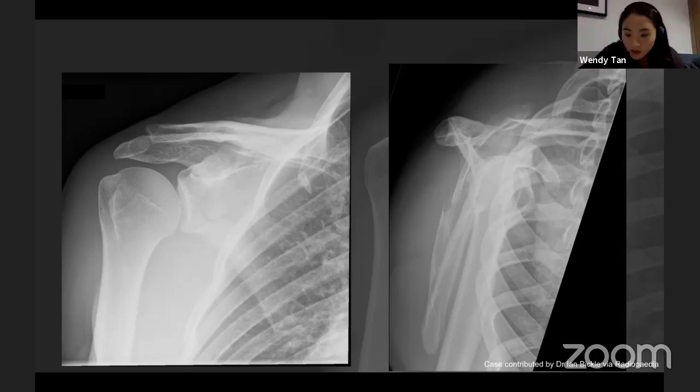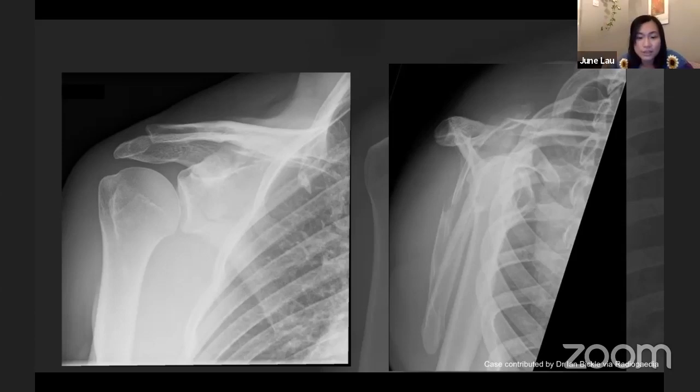Someone said fracture of the scapula. Fracture of the border of the scapula. Fracture of the body of the scapula. Yep, all very, very good answers.